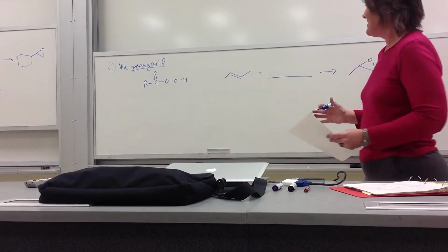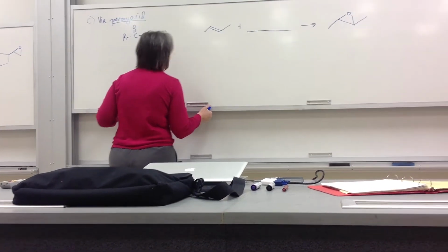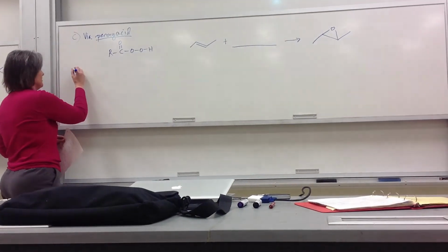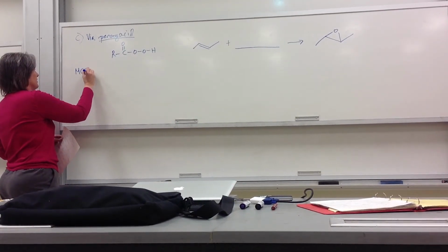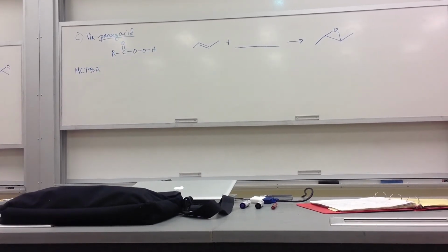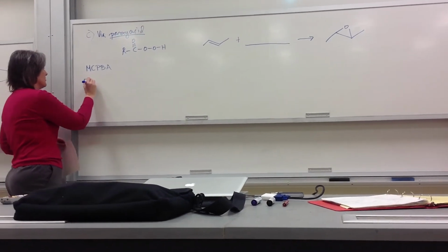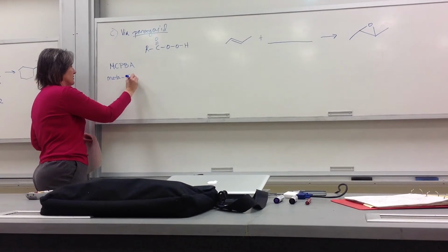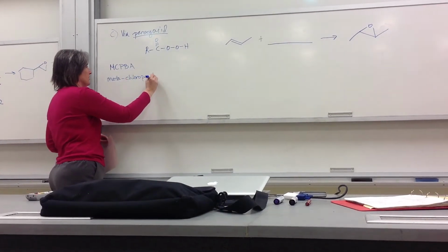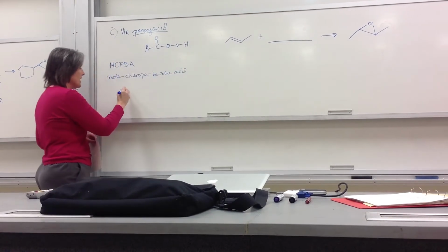Now, as far as the kinds of peroxy acid, there are a couple of common choices. Probably the most common one, and the one that my lab had on the shelf, is MCPBA. That's almost like having sodium hydroxide in your lab. This stuff stands for metachloroperbenzoic acid, and it looks like this.